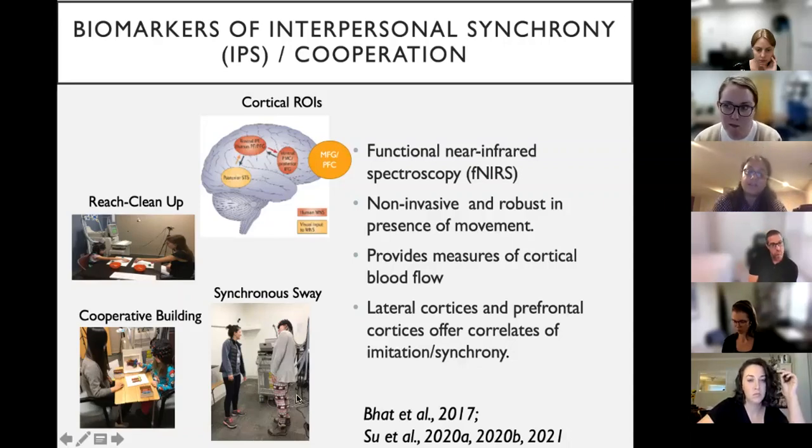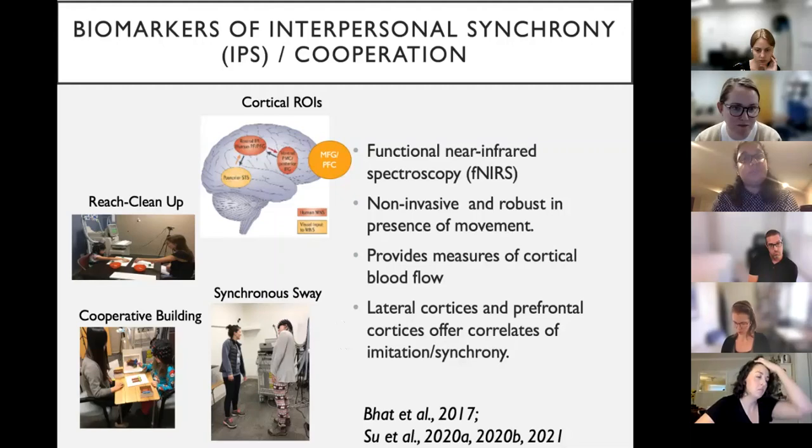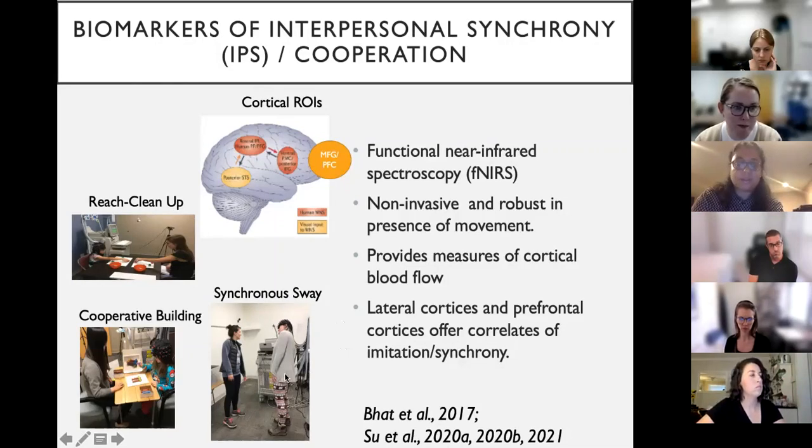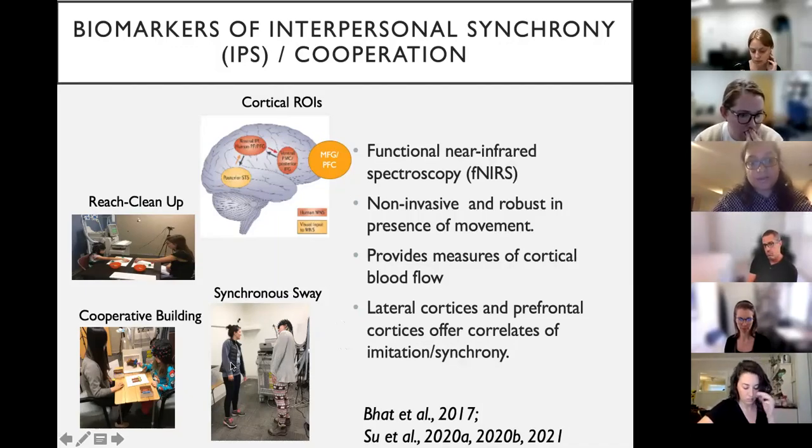And the third task is a synchronous sway task, where we were trying to create a task that is associated with our dance or moving game contexts, where the subject would, so this is done in children with autism. The picture is with 2 adults, but the children with autism would move with the adult experimenter. So one condition was they could move with the monitor that shows a pendulum that is swaying.